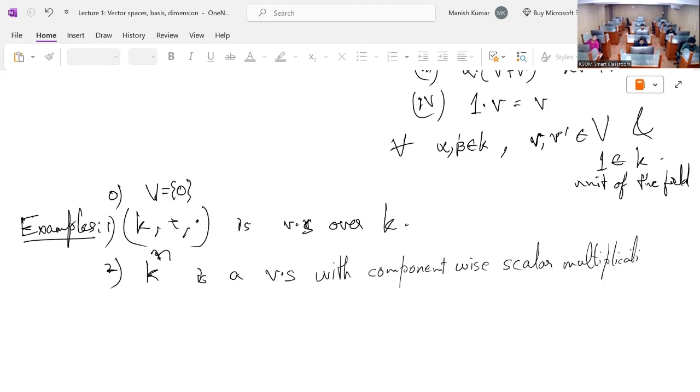If this works this way, we'll be in good shape. So these are some examples of vector spaces.